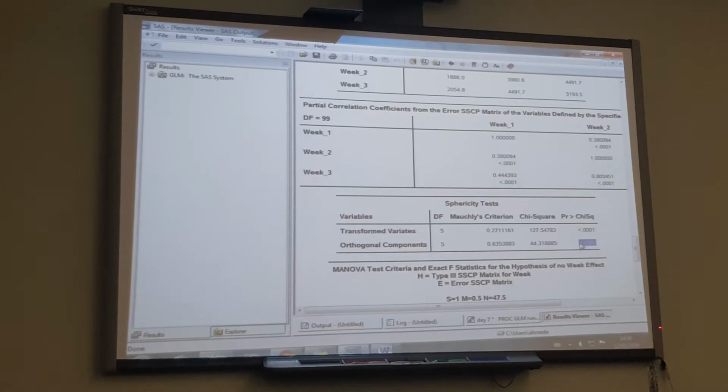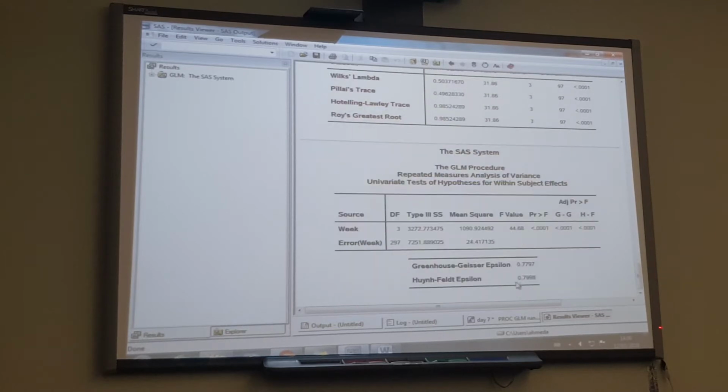You cannot use ANOVA, since sphericity is not assumed. So now they give you an alternative, the Greenhouse-Geisser, adjusted for degrees of freedom, which solves the issue you're facing regarding degrees of freedom.